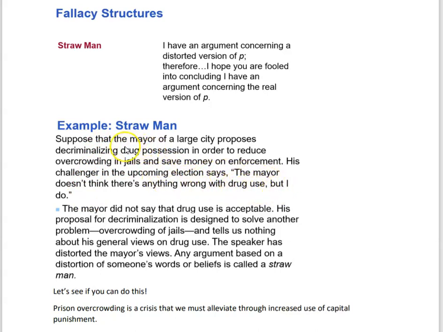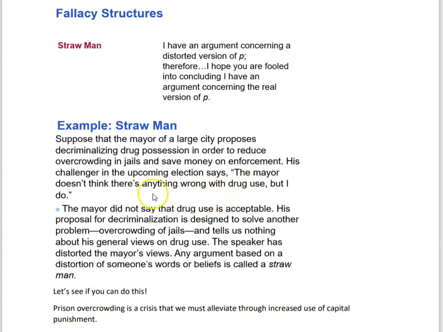But let's read back what it says. The mayor of a large city proposes decriminalizing drug possession in order to reduce overcrowding in jails and save money on enforcement. So he's not saying that he thinks it's okay to use drugs. He's doing that because he wants to reduce overcrowding in jails and save money on enforcement. The statement that the mayor doesn't think there's anything wrong with drug use is just telling part of the truth.